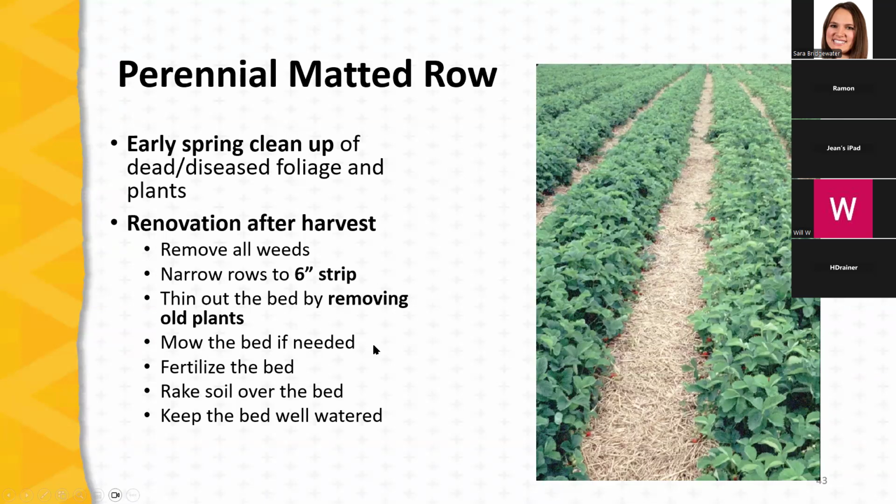If there is dead tissue, you want to get rid of that. Fertilize the bed, rake soil over the bed, so you will clean from weeds, and keep the bed well watered, so those plants that are left grow strong and produce new daughter plants.